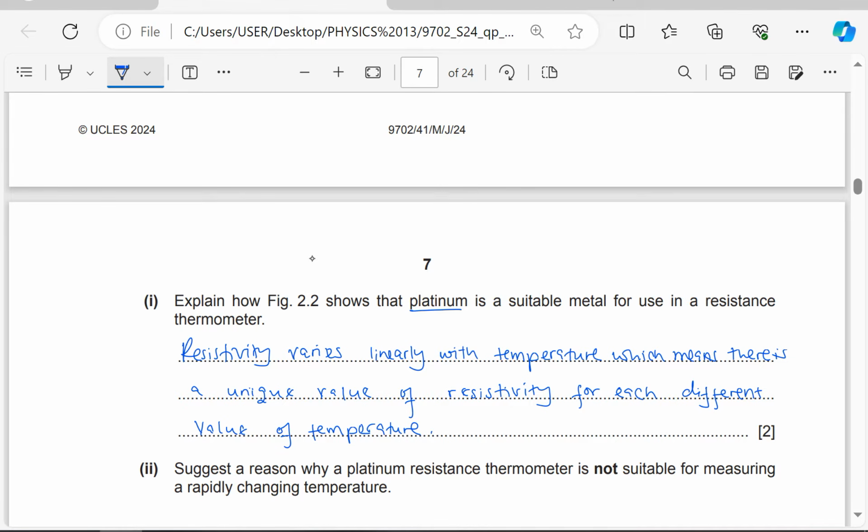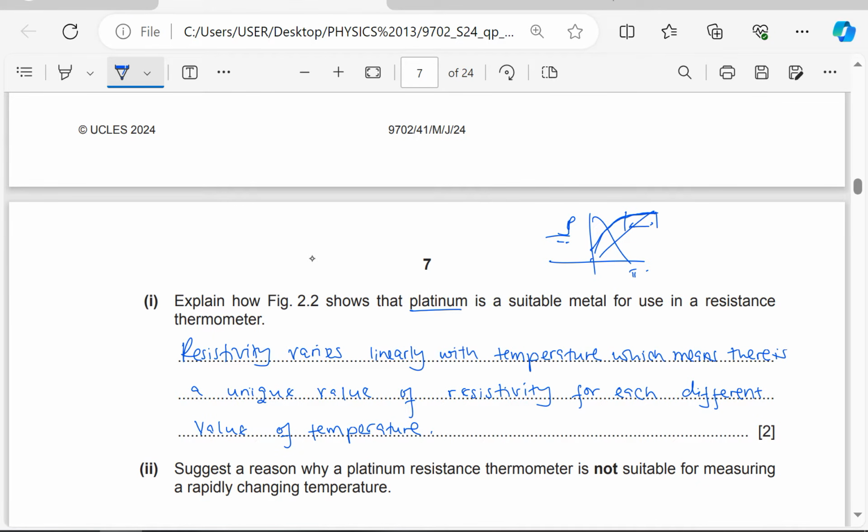If the graph was to be something like this, then platinum would not be a suitable metal for use in a resistance thermometer, because it means different values of resistivity would have the same temperature if the graph was curving somehow like that. So all values of temperature here would have the same resistivity, so it would not be a good metal.